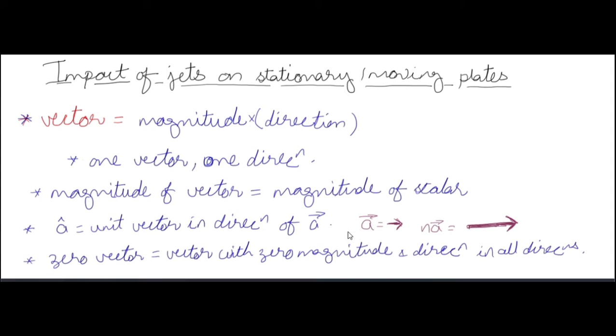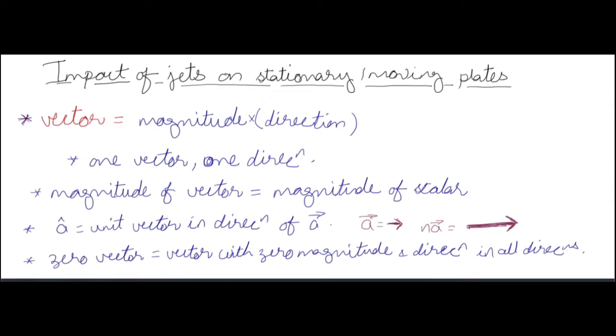Now if you are showing vector a by this arrow and you increase the magnitude of that vector, the vector has increased in size but the direction has remained the same. So the magnitude increases but the direction remains the same.